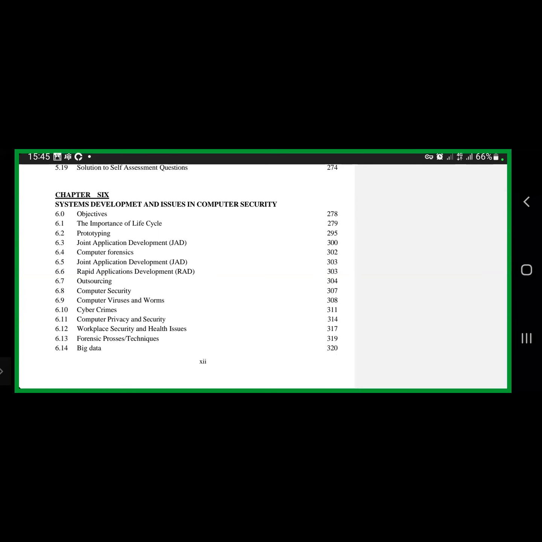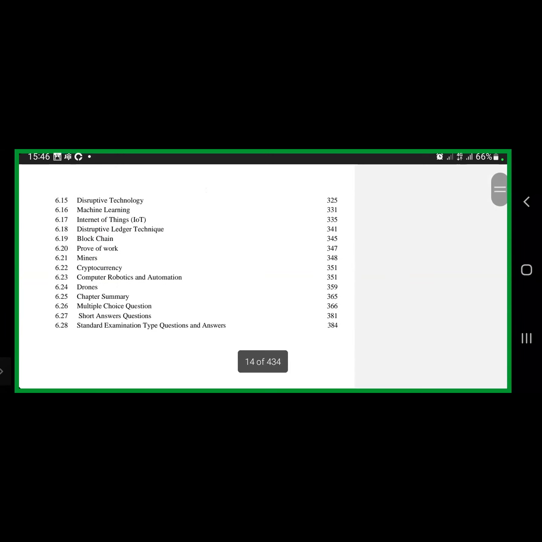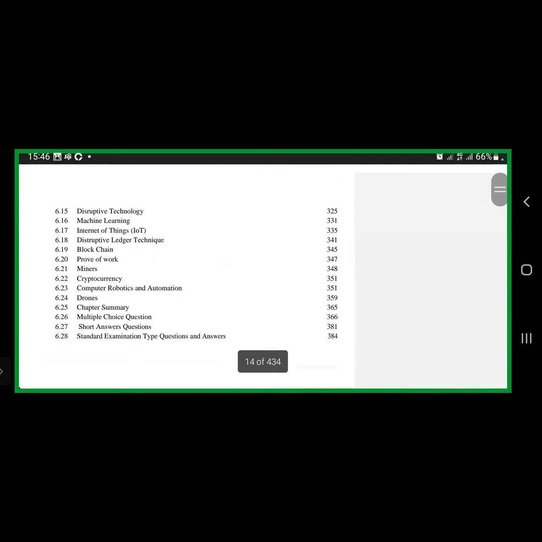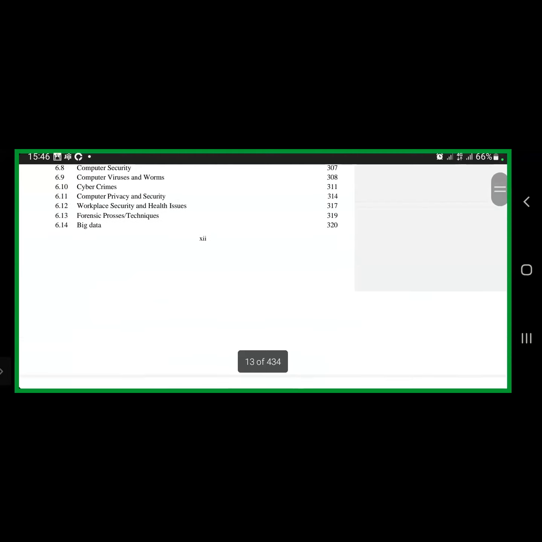This is also easier. So that is it. It's very easy. Just 6 chapters.